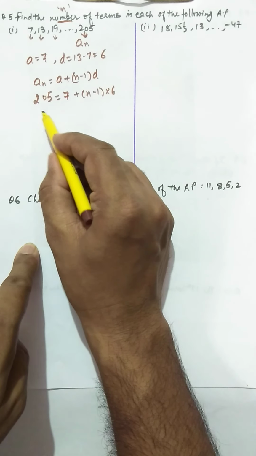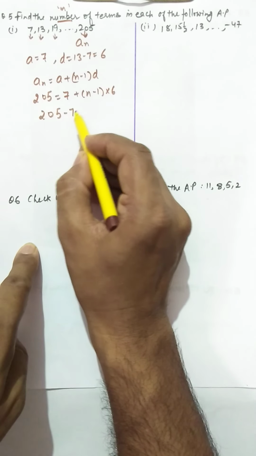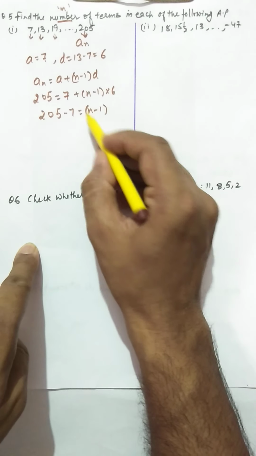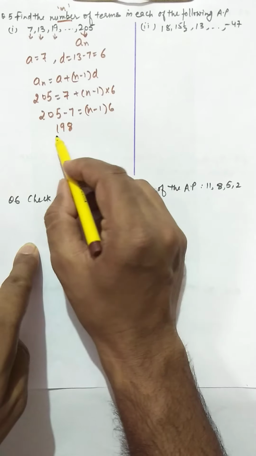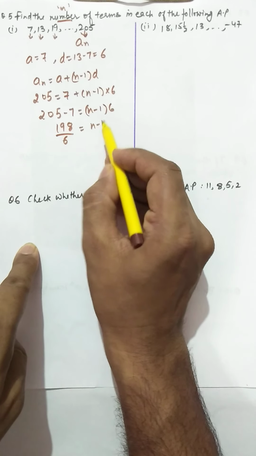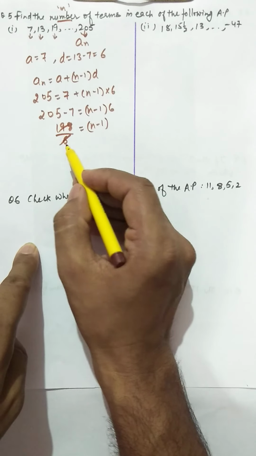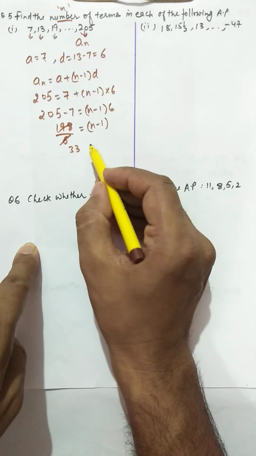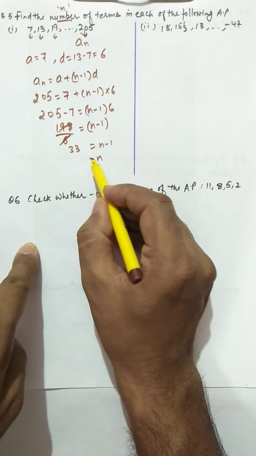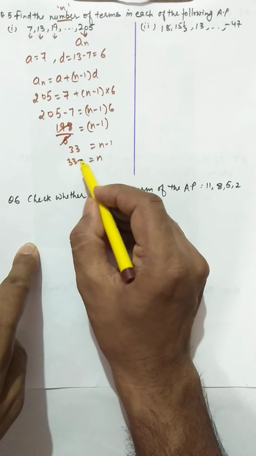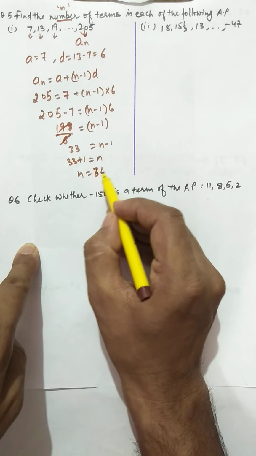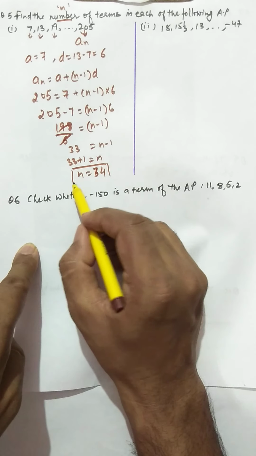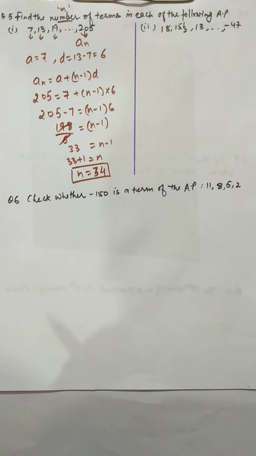So you can simplify now. 205 minus 7 you do first, that equals (n minus 1) into 6, so it's going to be 198, and you divide it by 6, so n minus 1 is 33. So n is going to be 33 plus 1, and this way you can write n equal to 34. So this is how you can find the value of n.